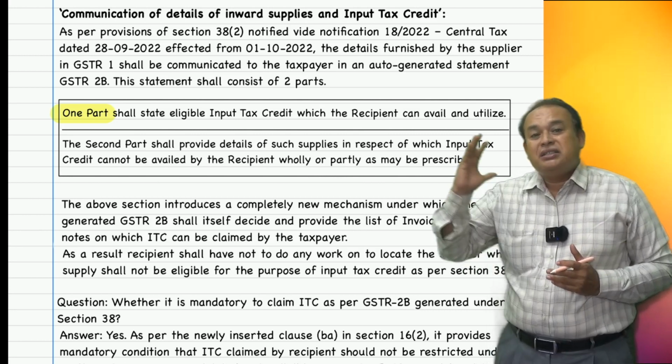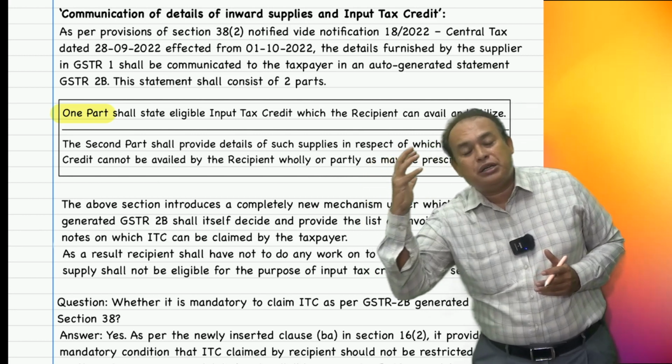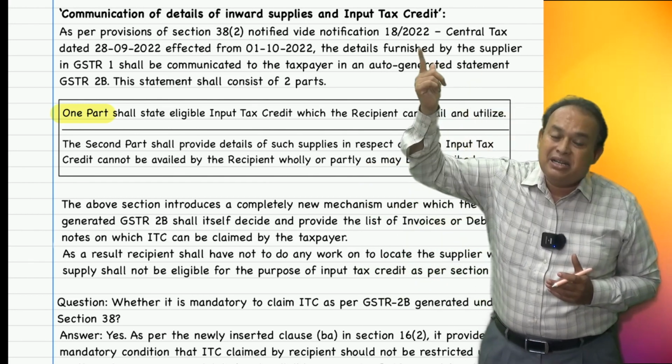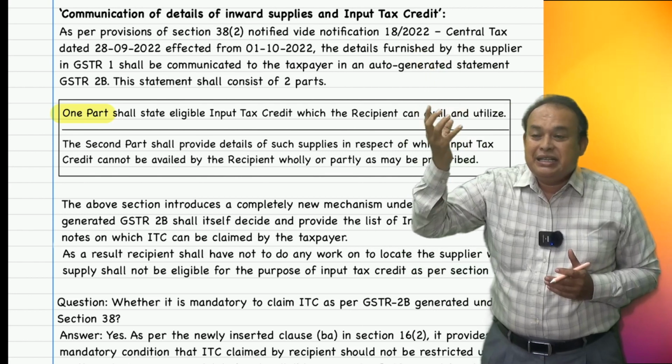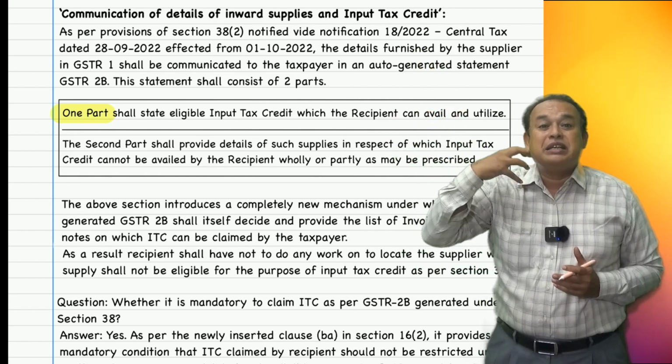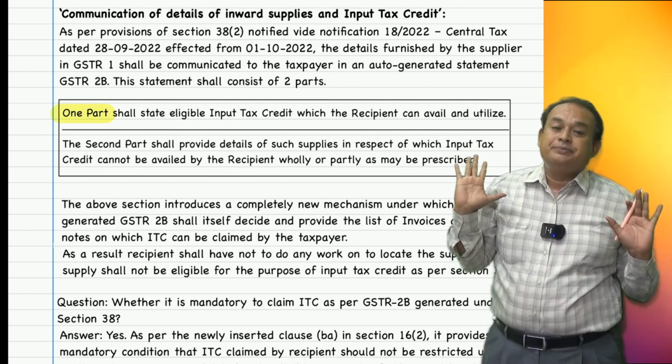That means when the supplier supplies that particular goods or services and uploads the GSTR1 return, as a supplier you have to specify that the recipient is eligible for ITC.